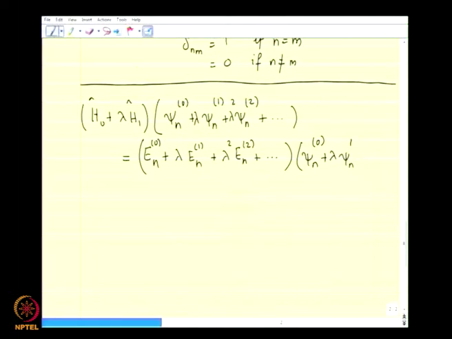Okay. So this is nothing other than the equation H psi n is equal to En psi n.